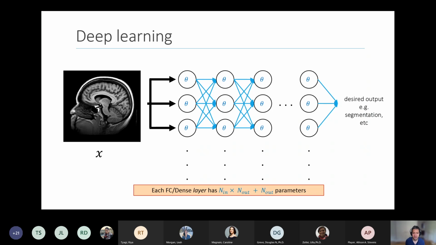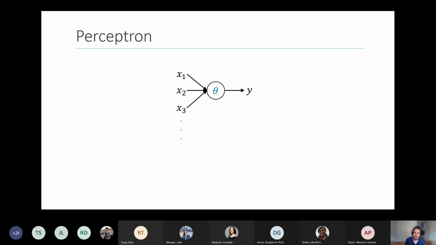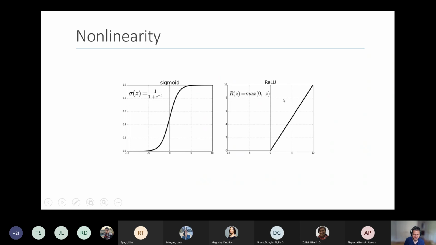I have an empirical answer, which is that over time, as a field, we have learned what tends to work better. And the answer almost always is ReLU, which is this nonlinearity here. The good part of that answer is that it's kind of solved. The bad part is that we're not quite sure why that's necessarily better than most other nonlinearities in practice.